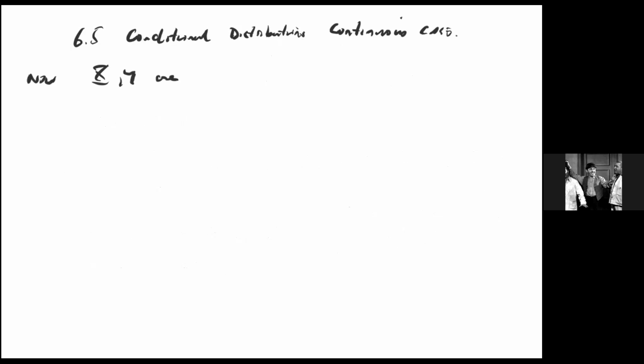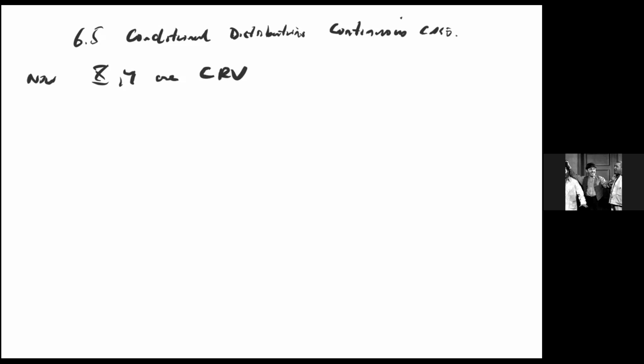6.5 is conditional distributions, but we only consider them now in the continuous case. And it's all very analogous. Okay, so let X and Y now be continuous real variables, continuous random variables.